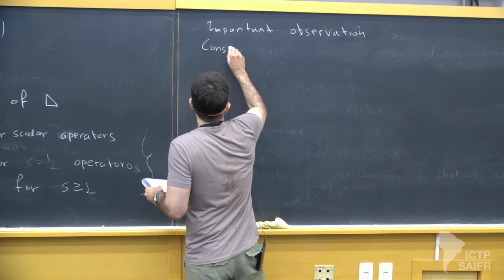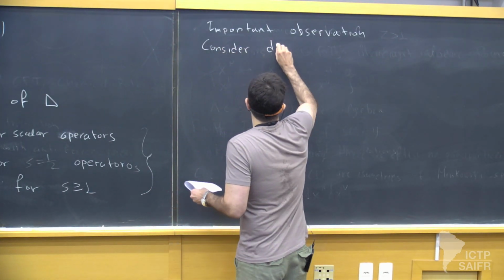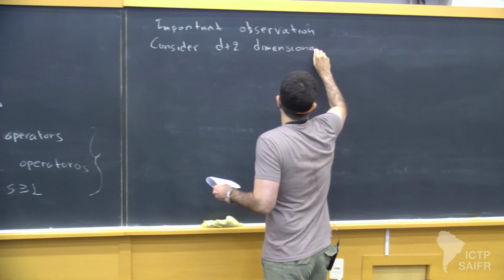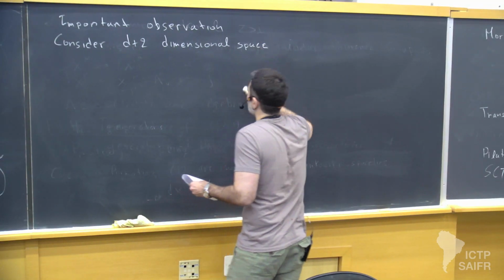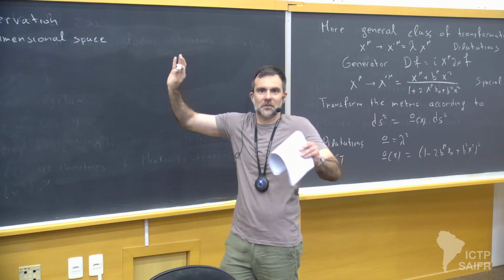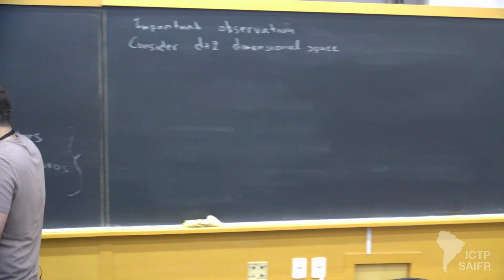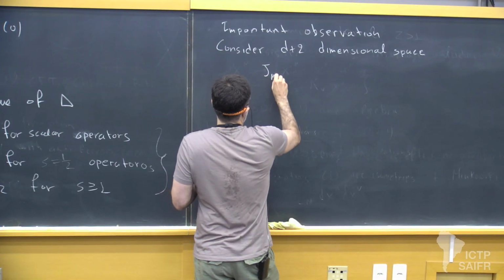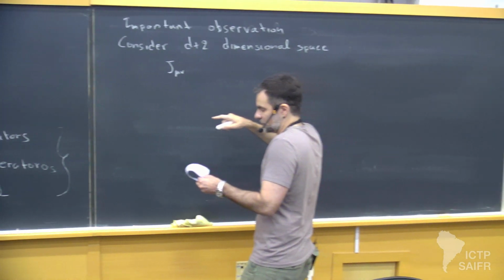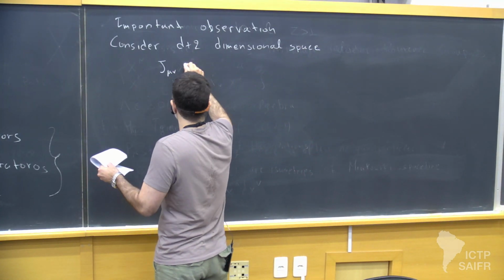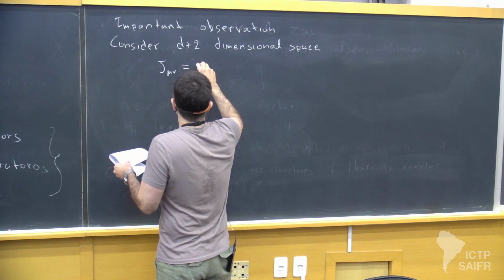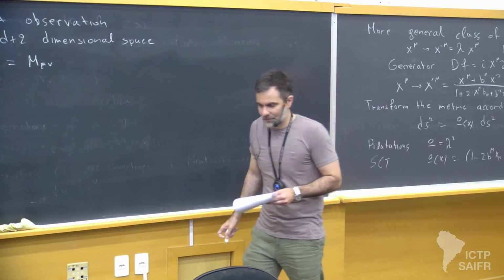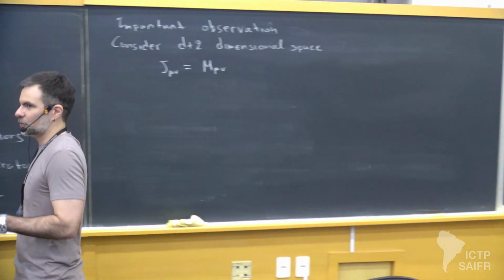Now, to make our lives easier, you can consider a D+2 dimensional space, a space which is 2 dimensions higher. Imagine that you are in some D+2 dimensional space. For that space, I'm going to define J mu nu, where the indices mu and nu go from 0 up to D minus 1, to be equal to the generators of Lorentz transformations of the D-dimensional space.